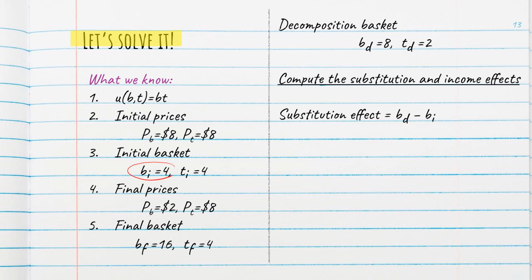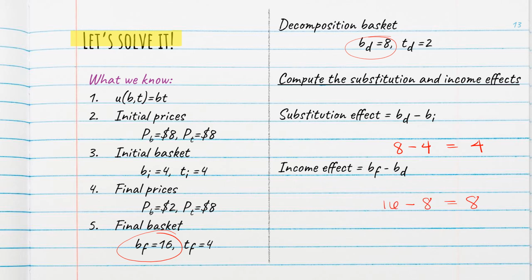So I'm going to circle the initial basket over here. So the math that we're doing is 8 minus 4 is equal to 4. The income effect is the difference between the final basket, that's 16, and the decomposition basket, 8. So the math that we're going to do here is 16 minus 8, which is 8.